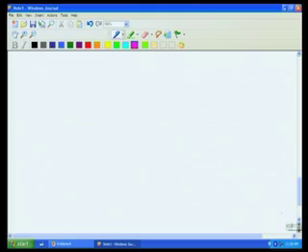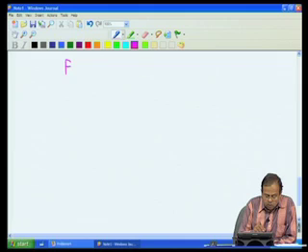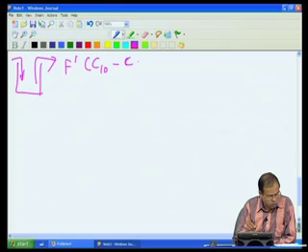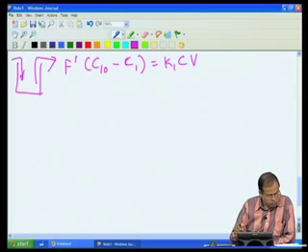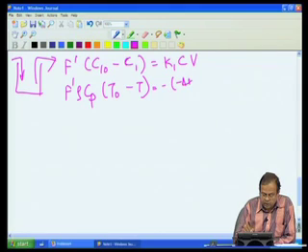Alright, so we have a stirred tank reactor first. So, let us write down the mass balance. F prime into inlet minus outlet concentration must be same as K1 first order reaction, and the energy balance F prime rho Cp into T naught minus T is minus delta H R into V. Why?